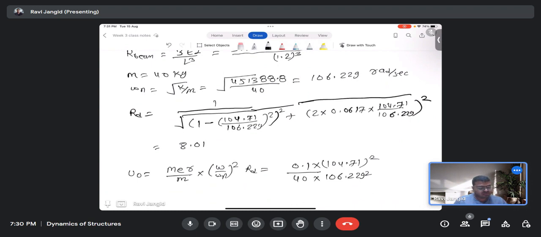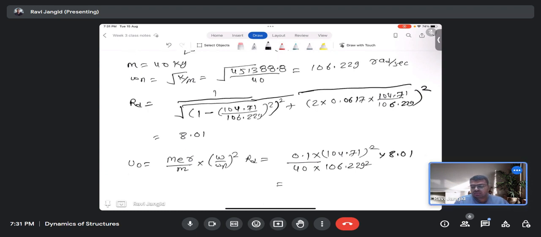If you do the calculation, 19.459 mm, into 8.01, so you will get around 19.44 mm. Is it okay? Yes.